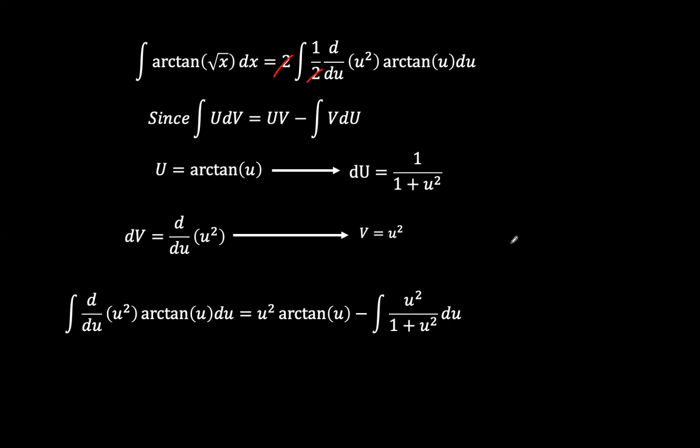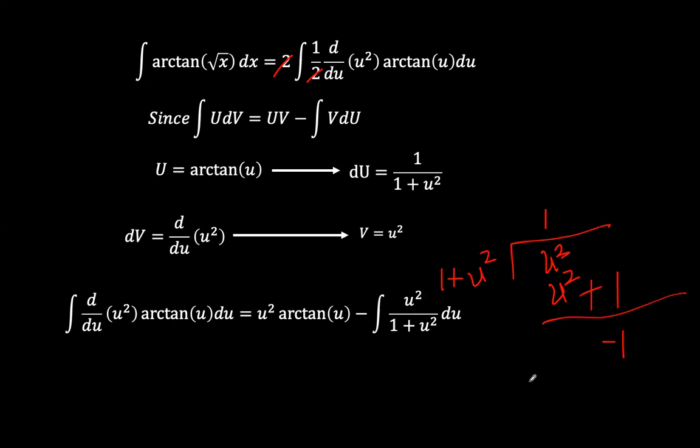And now we can do long division here, just to make things easy. So if you have u squared here, and you have 1 plus u squared outside here, multiply by 1, so we have u squared plus 1 here, and so we have a difference, a residue of -1.